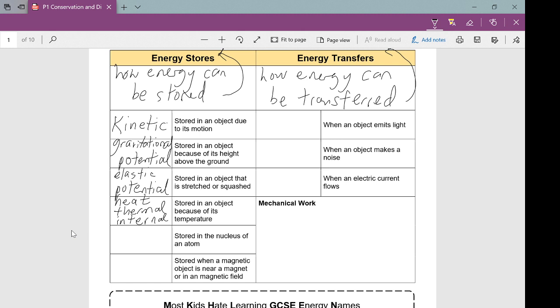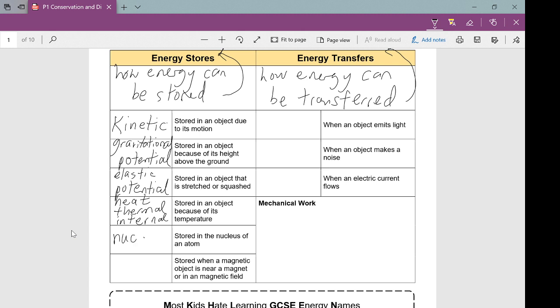Stored in the nucleus of an atom. It's in the definition itself. Can we have a guess at what type of energy that might be? Nuclear. Very good.